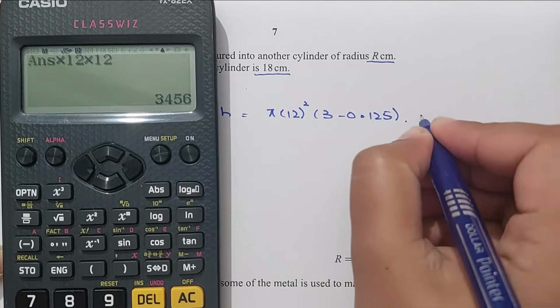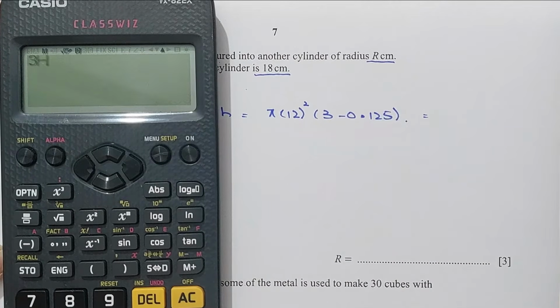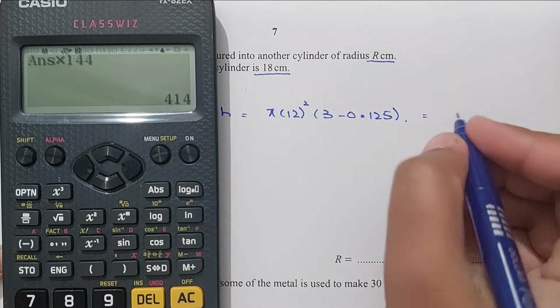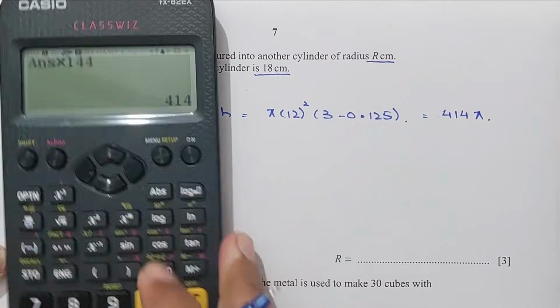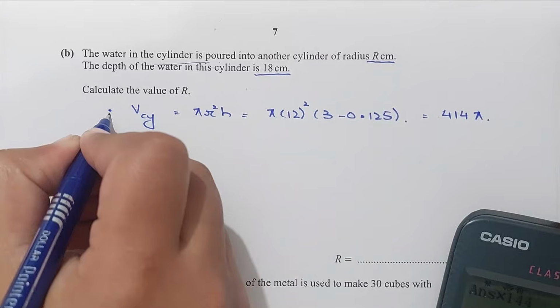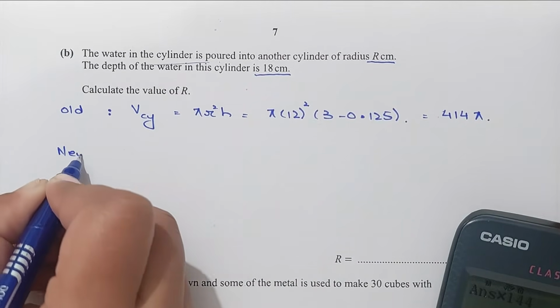This would be 3 minus 0.125, okay, and times 144. This is 414 pi. This is the volume of the old one, right? Now let me find the volume of the new one.